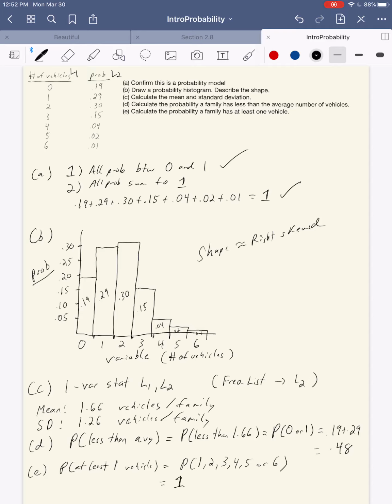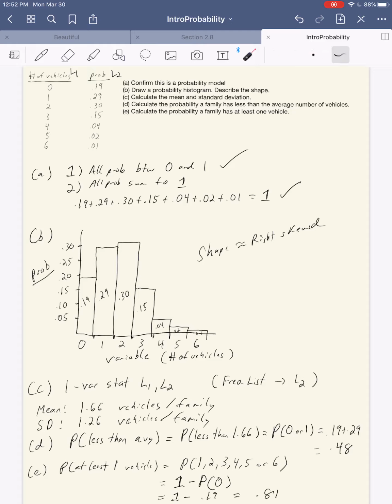We can do 1 minus the probability of any way for this not to happen. So what are the ways that this cannot happen? Well, there's only one way. You have 0 vehicles. So we do 1 minus the probability of 0 vehicles, which is 1 minus 0.19, and that should give us 0.81.